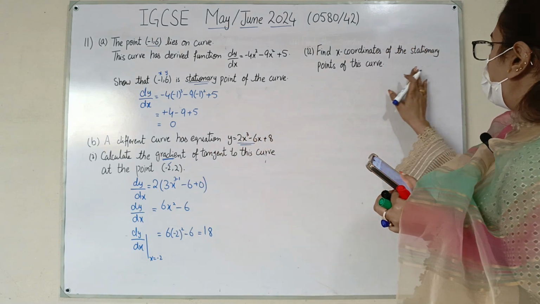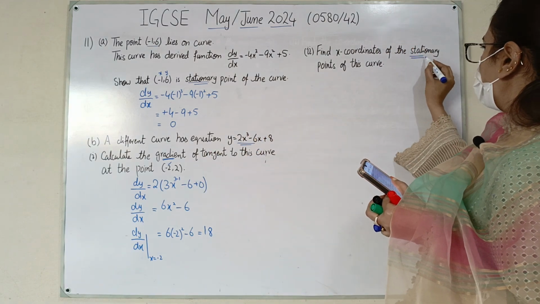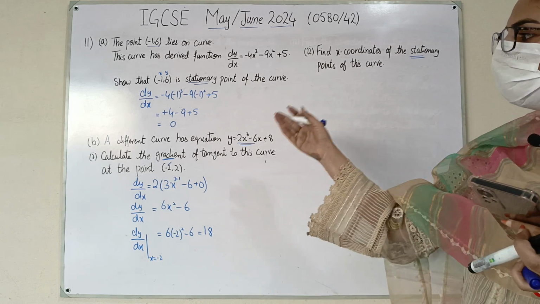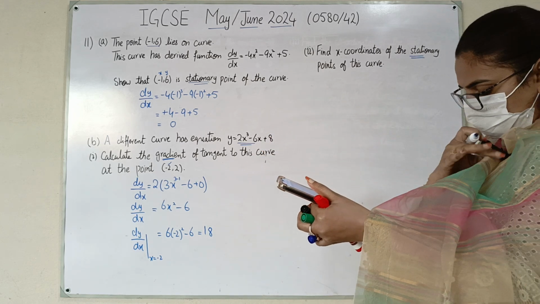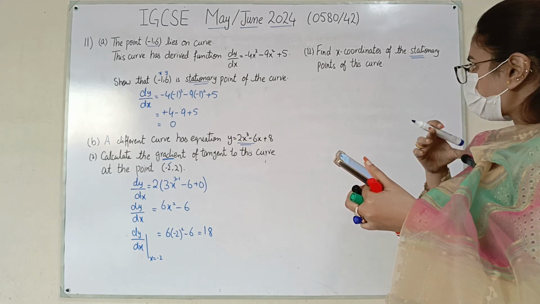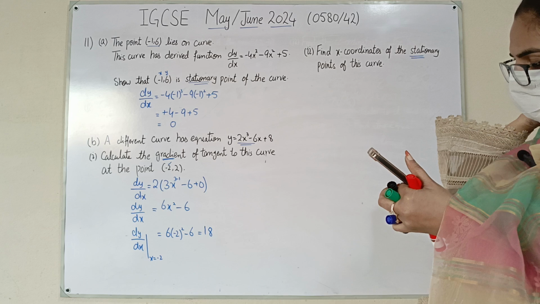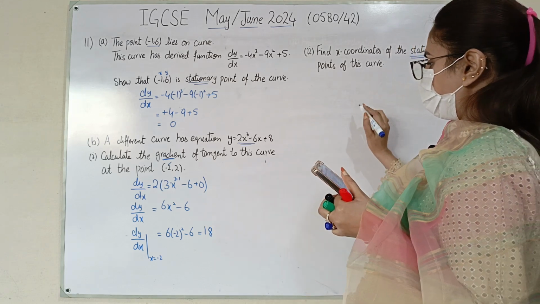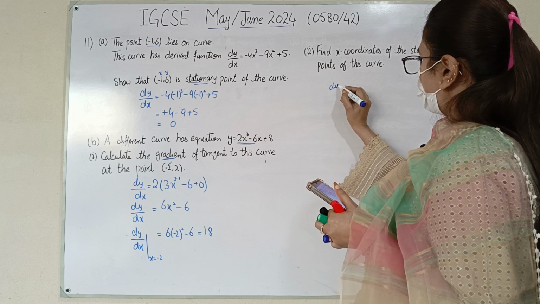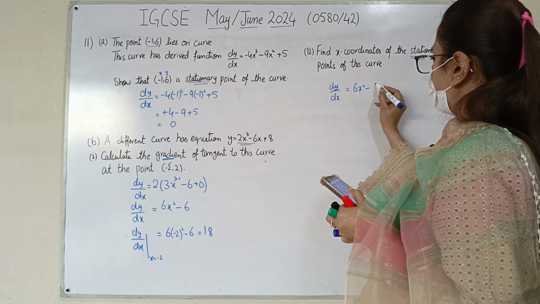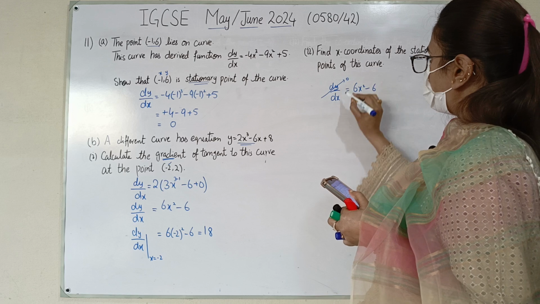Find the x coordinate of the stationary point. As I told you earlier in part 1, the stationary point is always a point at which the first derivative is equal to 0. So you have to put the first derivative equal to 0. The first derivative of this equation is dy by dx, 6x squared minus 6. Put this equal to 0.